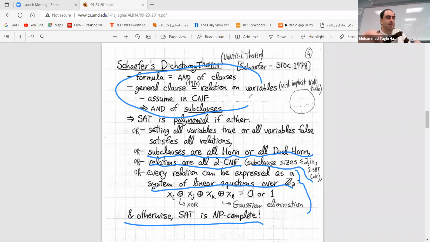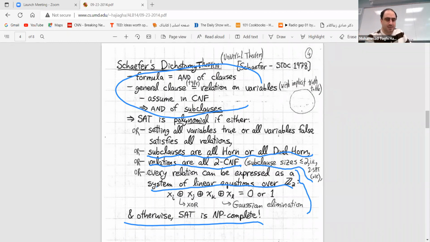You can see the exact theorem, but anyhow, he said that either it is trivial, where you put all variables true or false and it is satisfied, or all of them should be Horn or dual Horn. Horn means all literals are positive except one which is negative, or vice versa. Or all of them are 2-SAT instances. Otherwise, SAT is NP-complete.